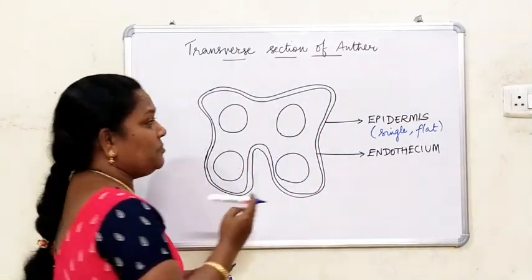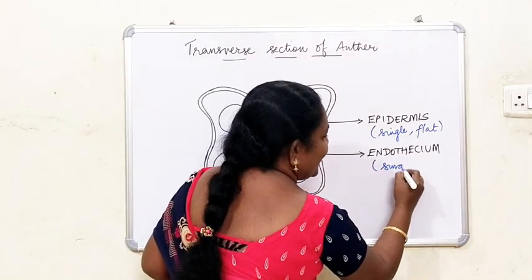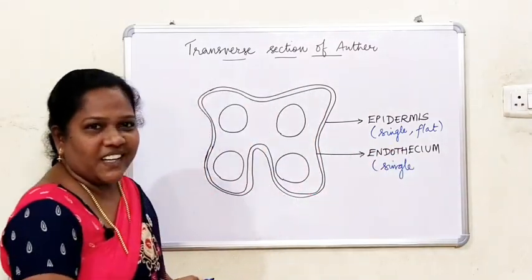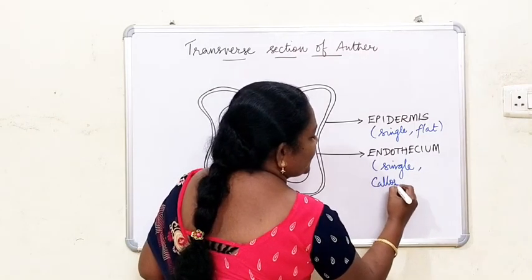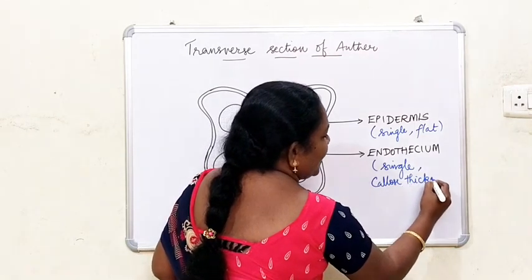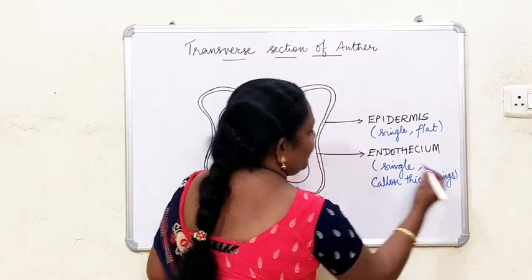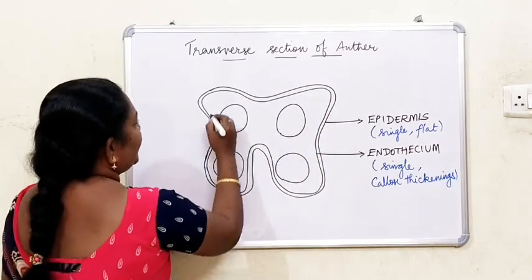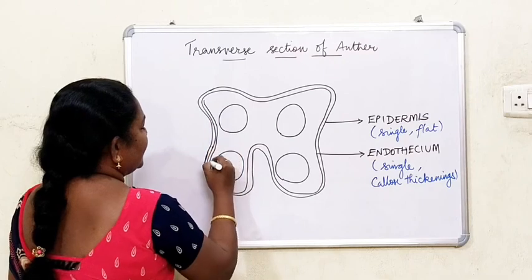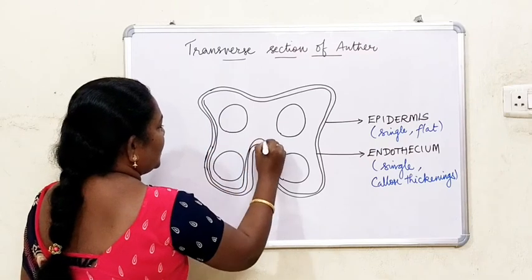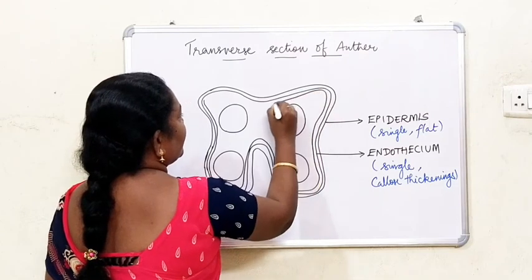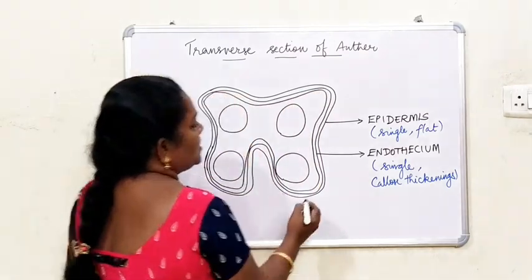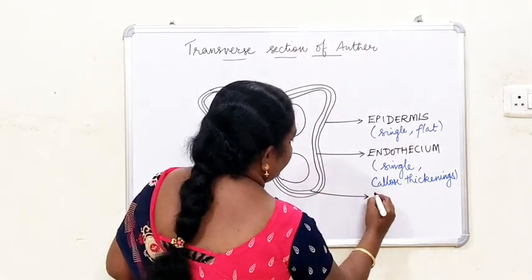This endothecium is also a single layer of cells, and the cells have callose thickenings. And one more layer, the third layer, is called the middle layer.